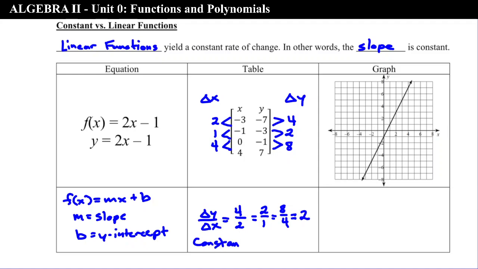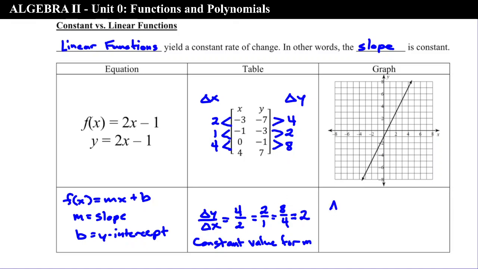So here we have a constant value for m, which is our slope. In fact, let me write constant value for m. Okay? So now, here's a graph. This is the easiest one to pick out. What you're essentially looking for is a line. But not just any line.